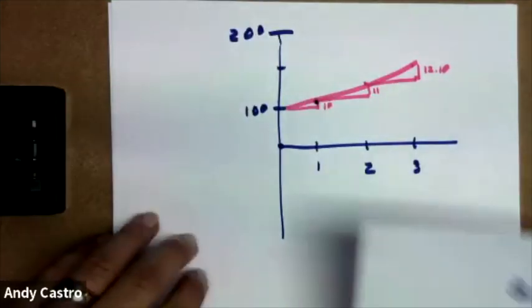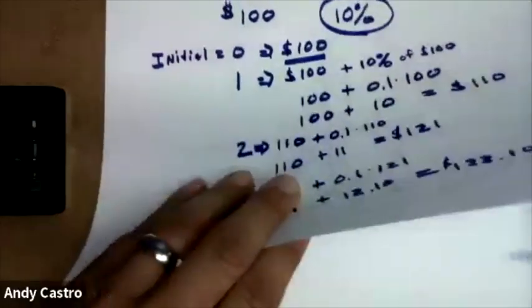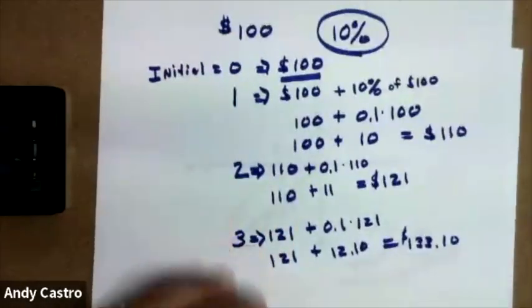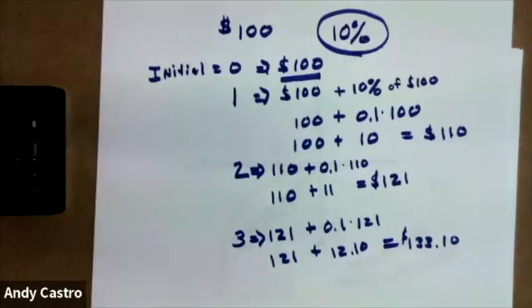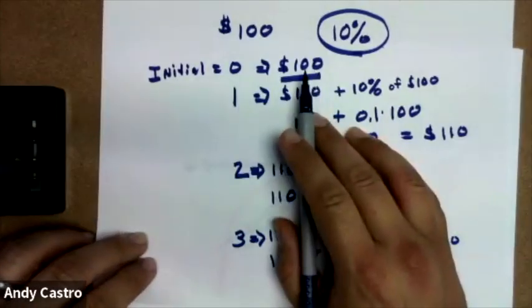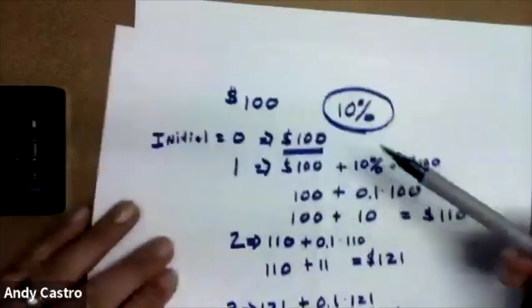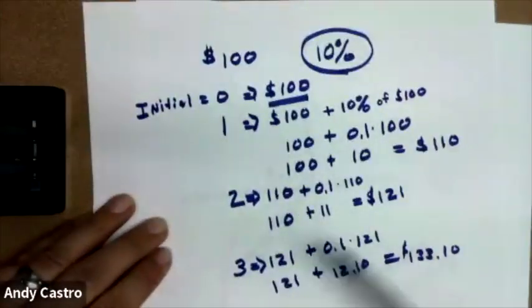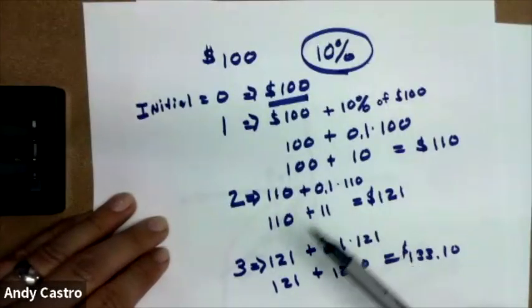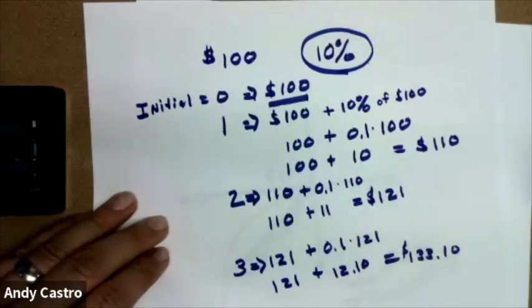Okay, so let's go back to our equations where we were looking at exponential growth, and let's draw some generalities here. If we look at the initial investment, we're going to denote that with the letter A, because I want a generic equation that I can use to predict the future.